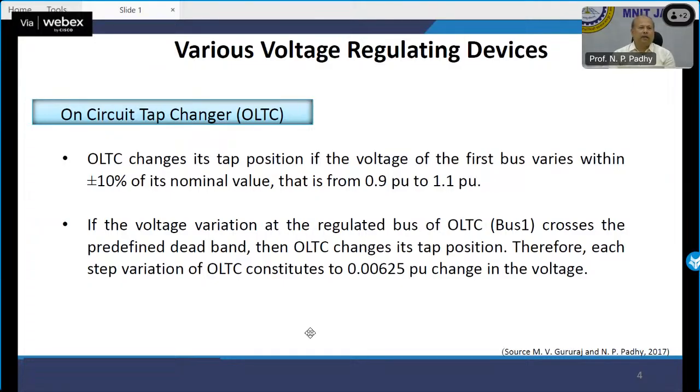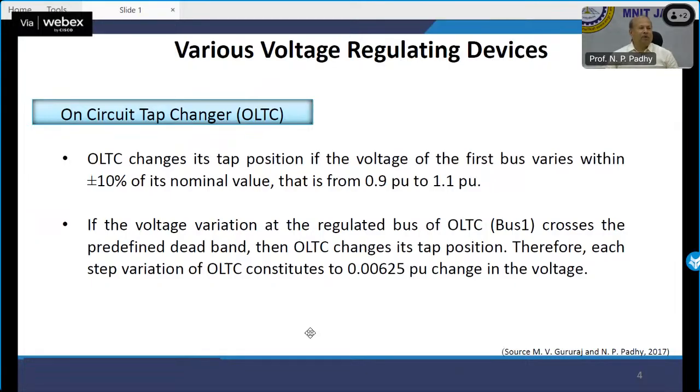OLTC changes its tap position if the voltage of the first bus varies within plus or minus 10% of its nominal value, that is from 0.9 per unit to 1.1 per unit. So if it is varying plus or minus 10%, then for approximately 0.2 per unit, you will have 16 steps.